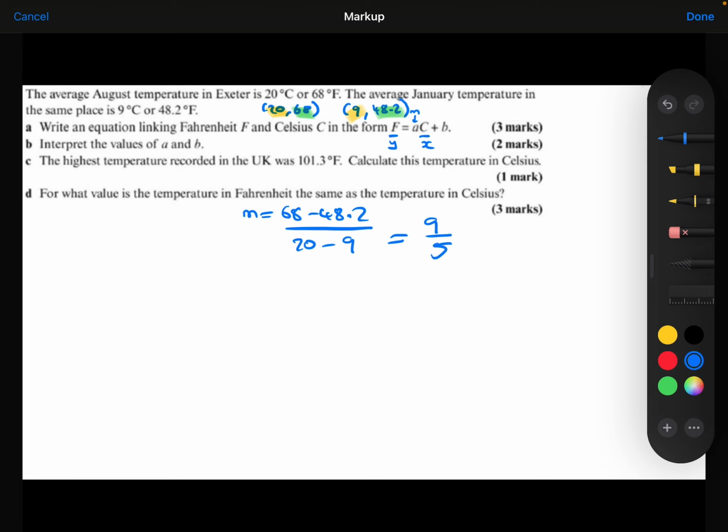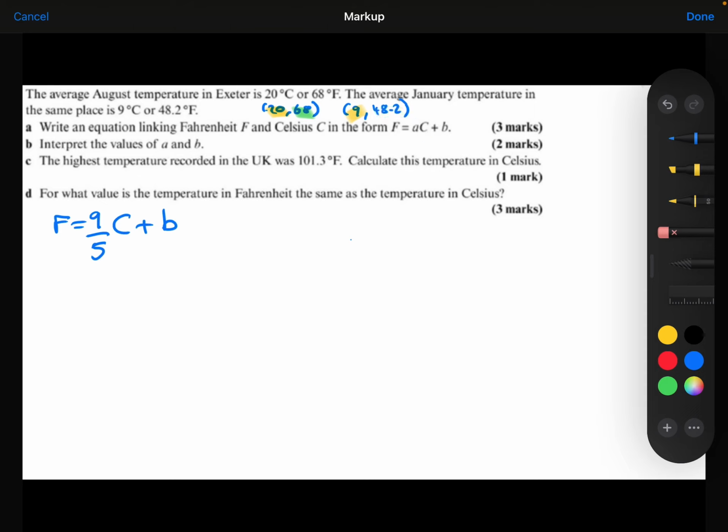So I can now say that F equals 9 over 5C plus B. And to work out my B, I can substitute either of those original coordinates in here. I'm going to substitute the 20 and the 68.